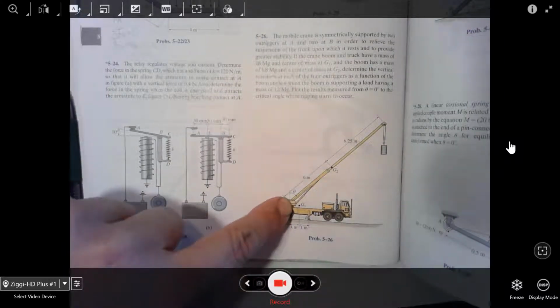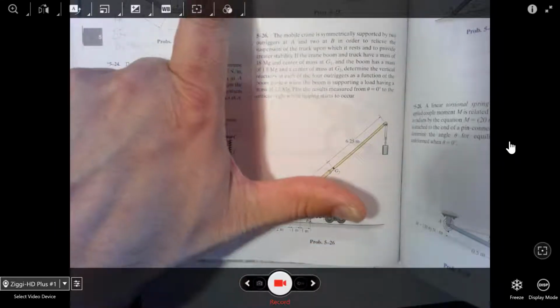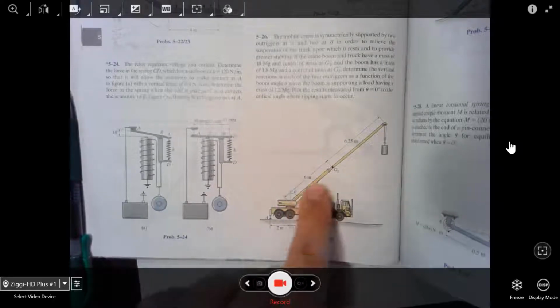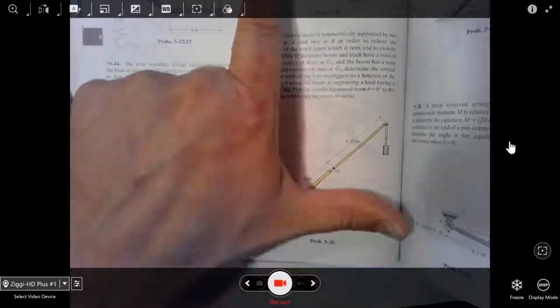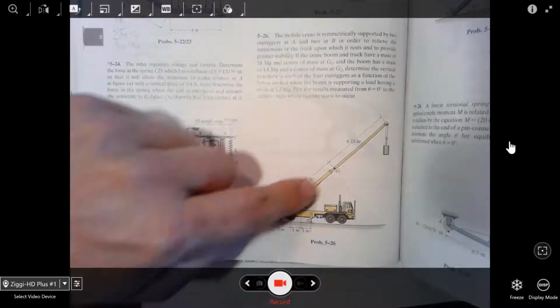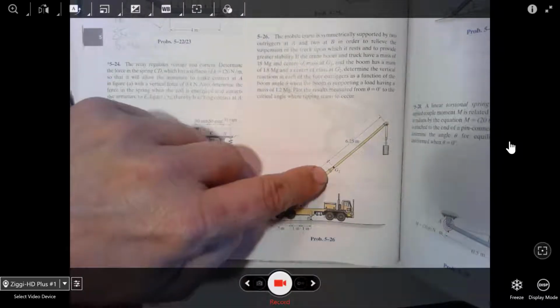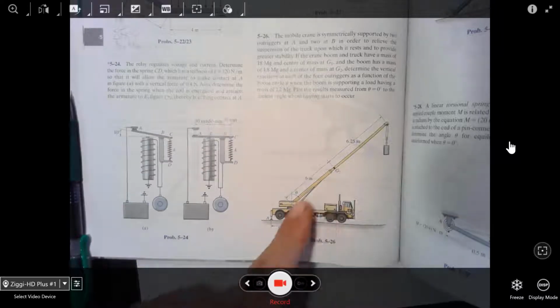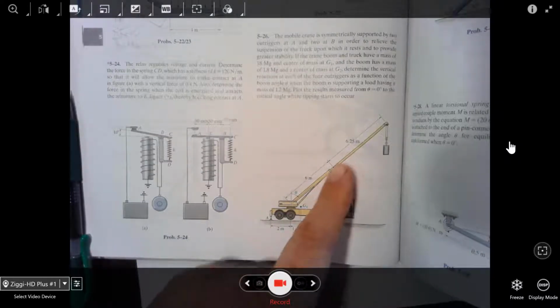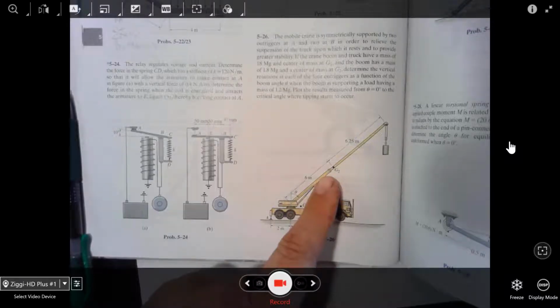So pins, remember, would have a force in the X and the Y. And then I'd have another pin here where the hydraulic connects, and that would have a force in the X and the Y. And so I would have four unknown forces there, but because I know that it's a two-force member, I know the direction of this force. It has to lie along that hydraulic ram, and therefore the only thing I don't know about the force here is its magnitude. Okay?